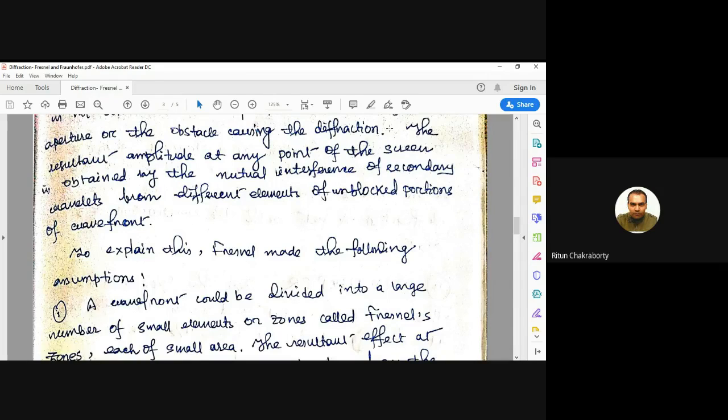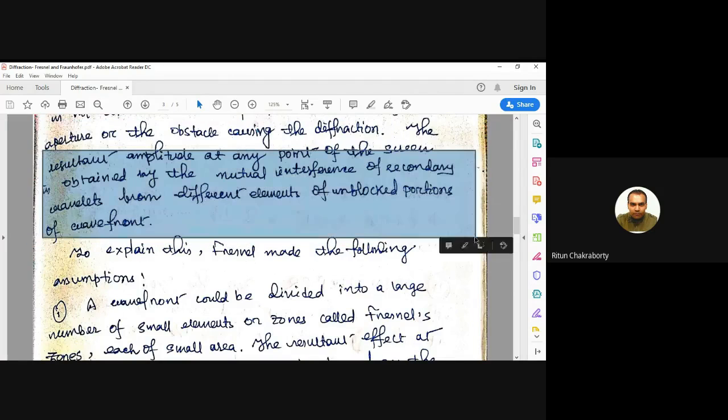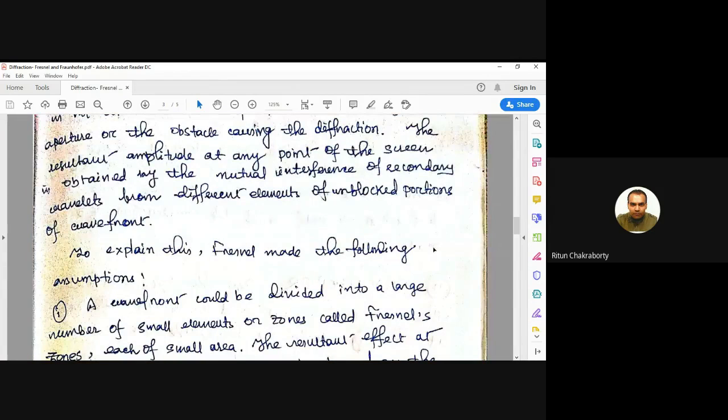So this last line is more or less the definition of diffraction. The resultant amplitude at any point on the screen, and I will show you what a screen is, is obtained by mutual interference of secondary wavelets from different elements of unblocked portions of the wavefront.